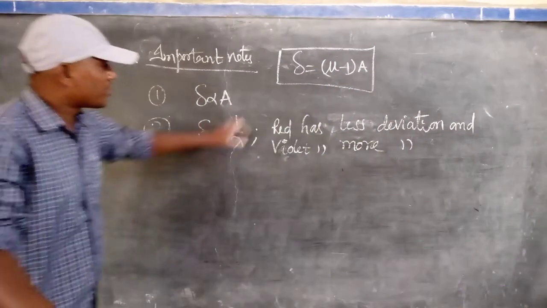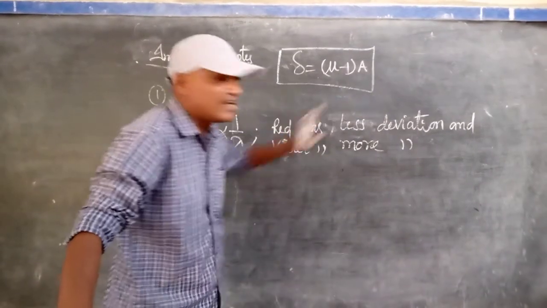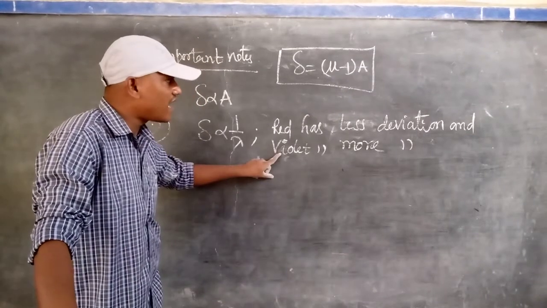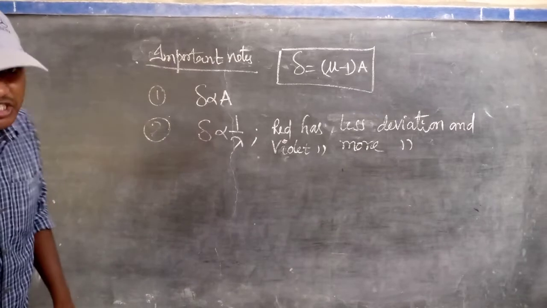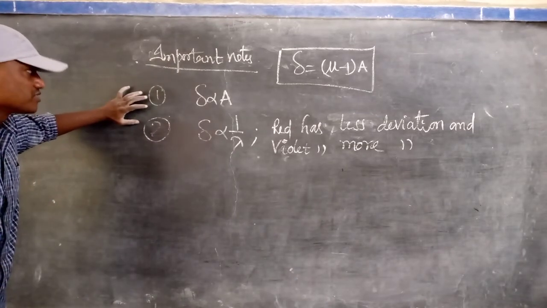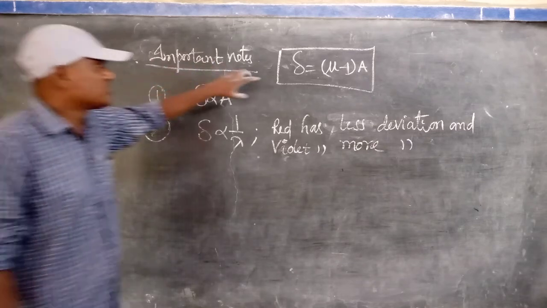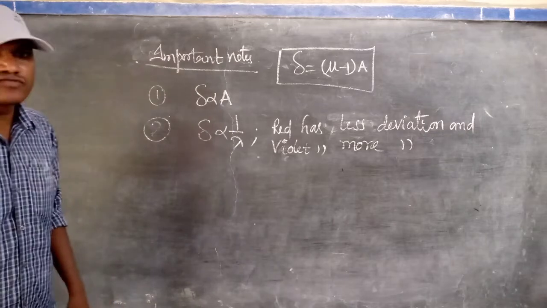So we know that red has the higher wavelength. Due to that, it has less deviation. Violet has the lower wavelength. That's why it has more deviation. So these are the important points. The deviation angle produced by the prism is directly proportional to the angle of the prism.